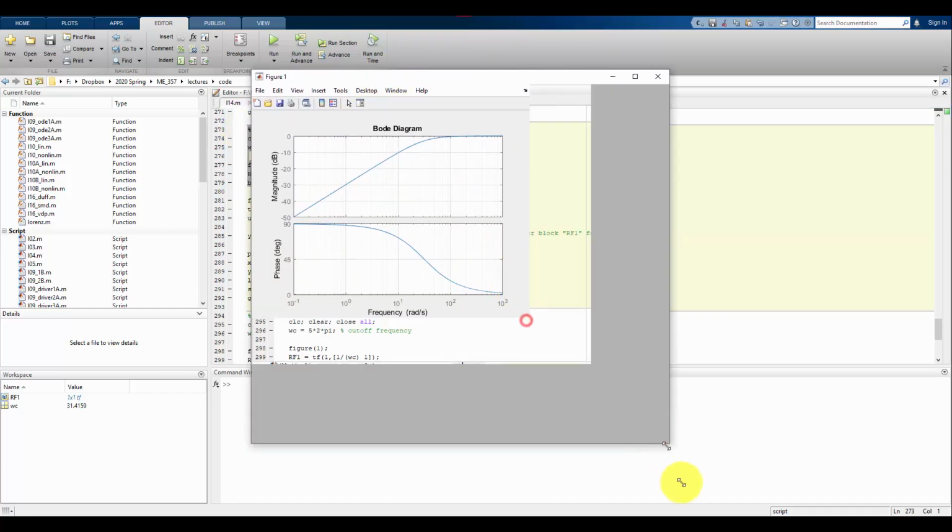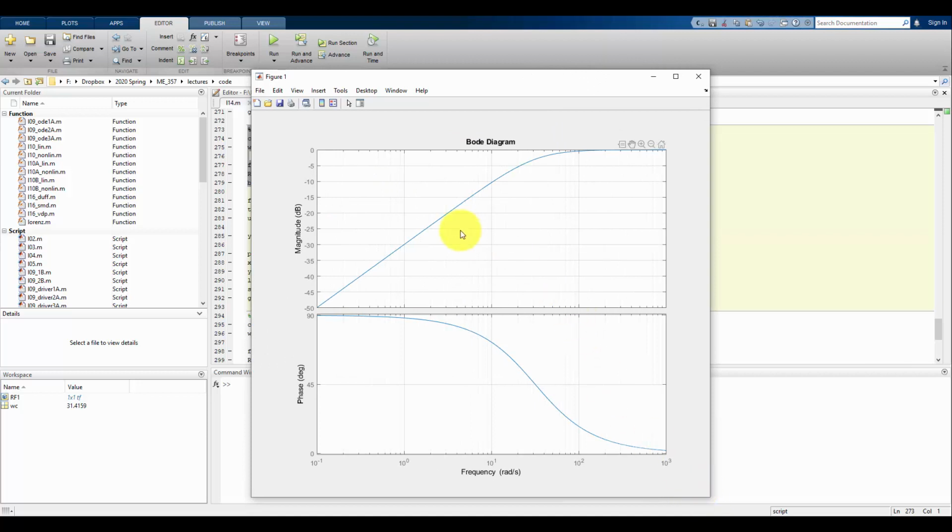Alright, so the Bode diagram certainly looks different than the previous example. We see here that it starts with low magnitude and then goes up to a magnitude of 0 decibels. And that's the hallmark of a high-pass filter. Low frequency is going to be attenuated, having low magnitude, and then relatively high frequency is going to have a magnitude near 0 decibels and be preserved.